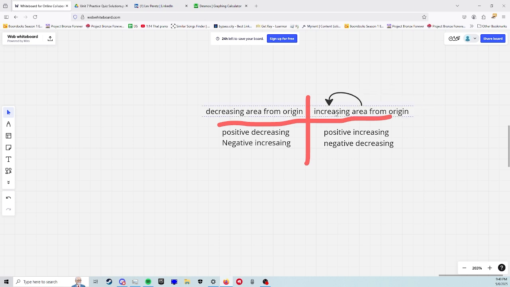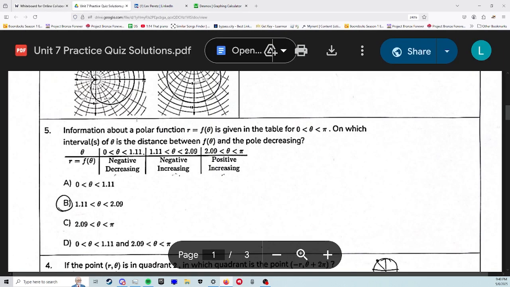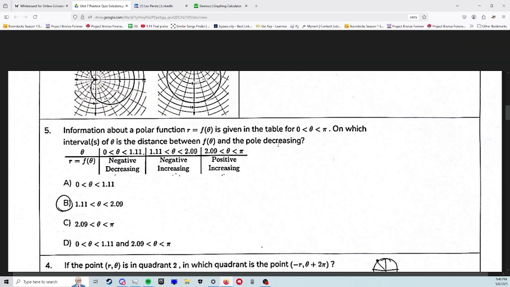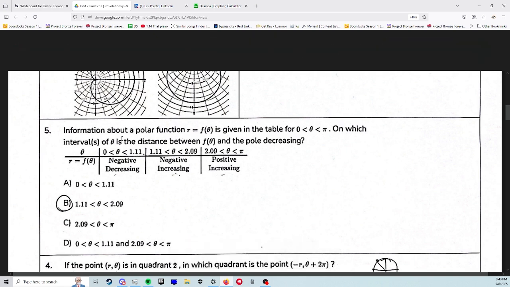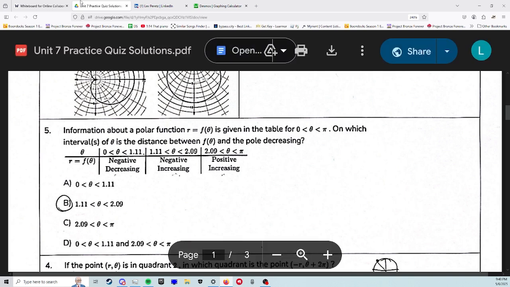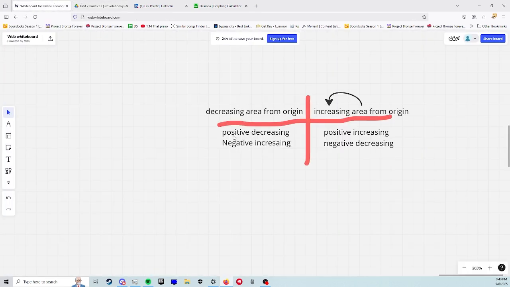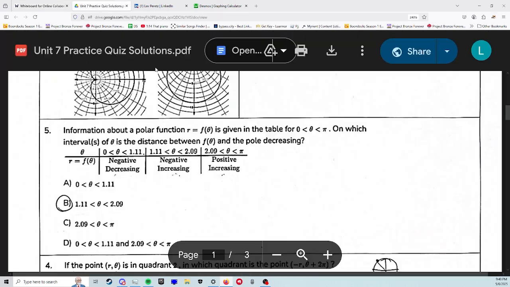Okay, this is important to know. So we can tell that negative and increasing means the distance from the pole is decreasing. So they're asking for the distance between the origin and the graph, which part is getting closer to the origin. In this case, it would be 1.11 to 2.09 theta because it is negative increasing.